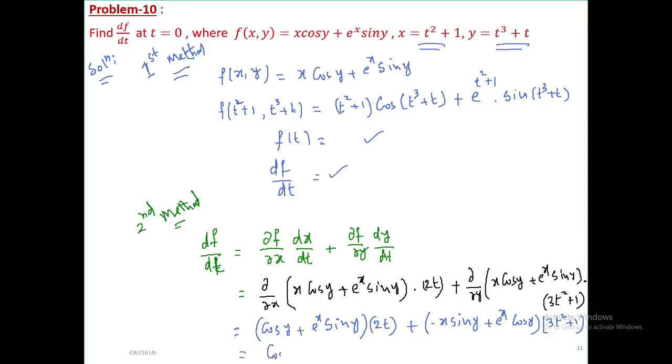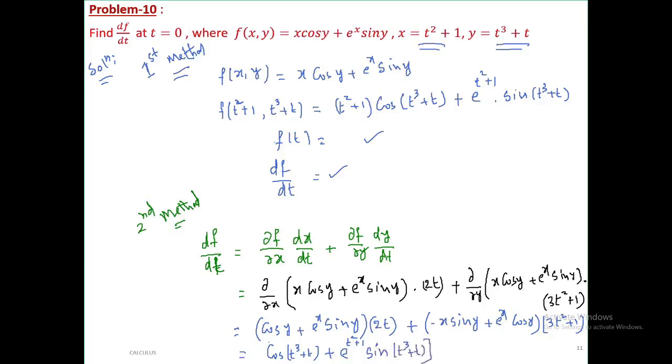Cos of what is y value? Y value is t cube plus t. Therefore cos of t cube plus t, plus e power x, e power t square plus 1, into sin y, sin of t cube plus t.